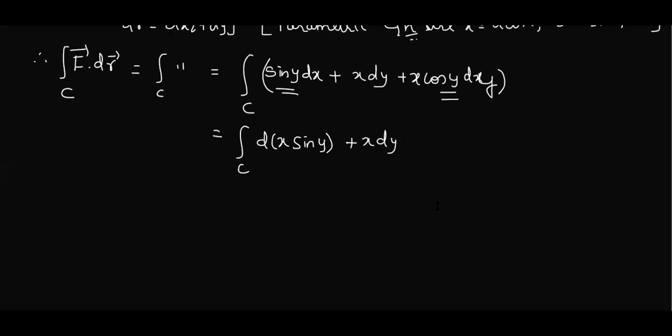So I'm writing these two terms as this, and I continue with my x dy term as it is. After writing this, you substitute the parametric equations, the values of x and y. What is x equal to?